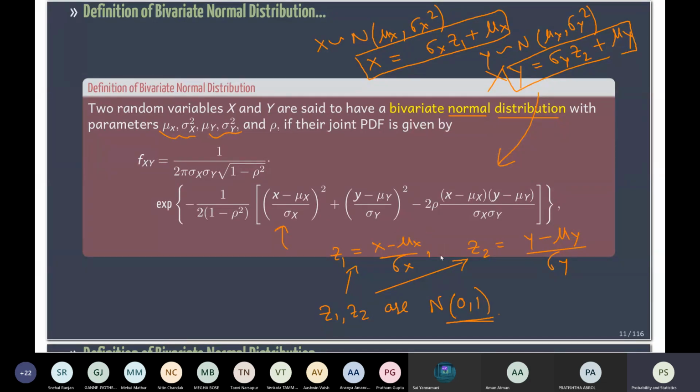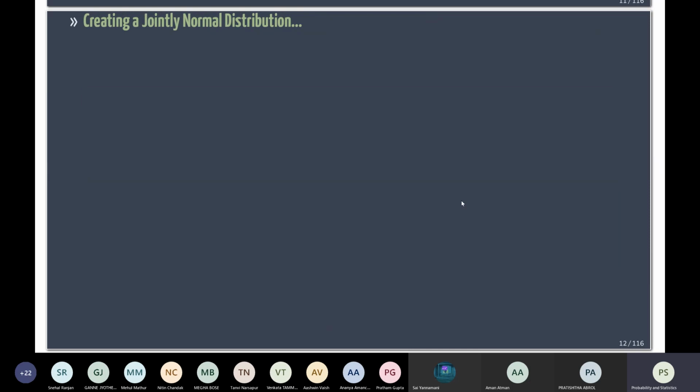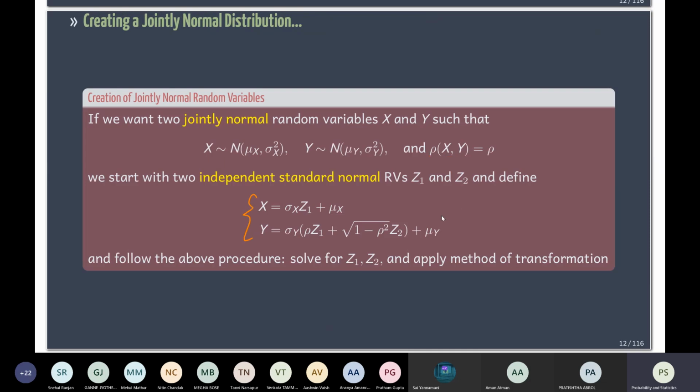Since this is joint, we need to take care of the correlations and so on. So we need to define y to be like this. X is as before, as you do for the single variable case, but here we need to adjust a little bit more.